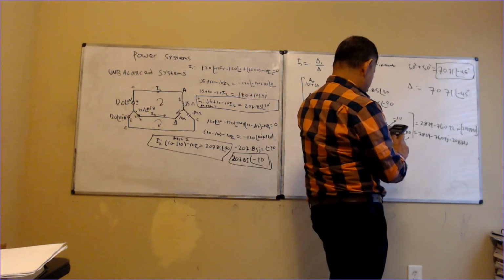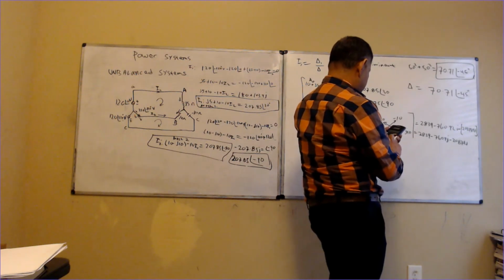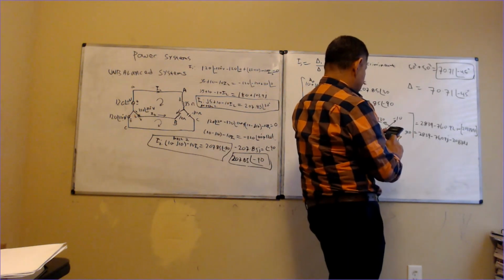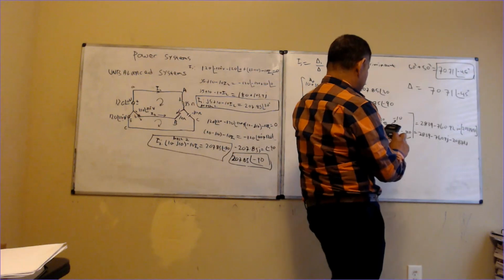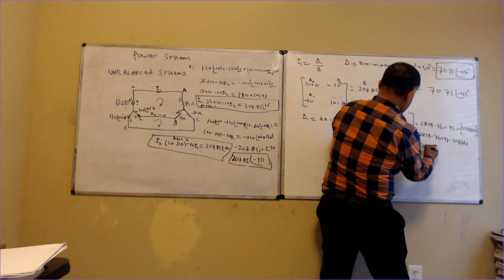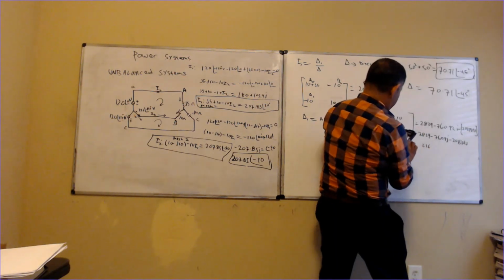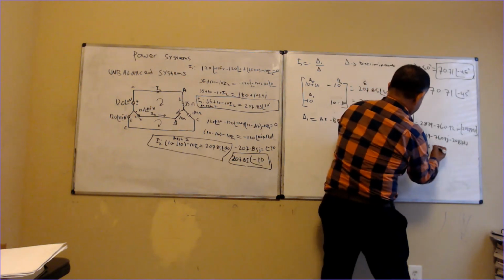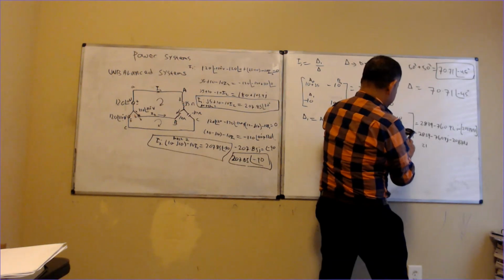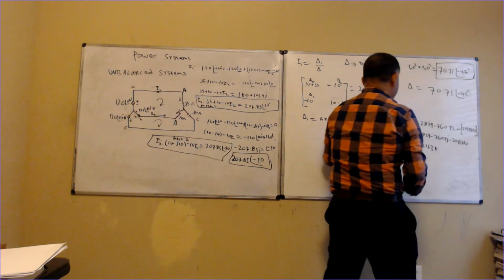So I do 760 plus 20878 is equal to 21. So it's equal to 21638, right?